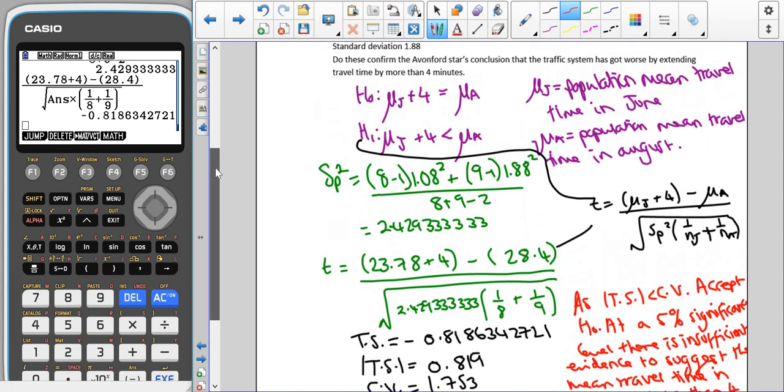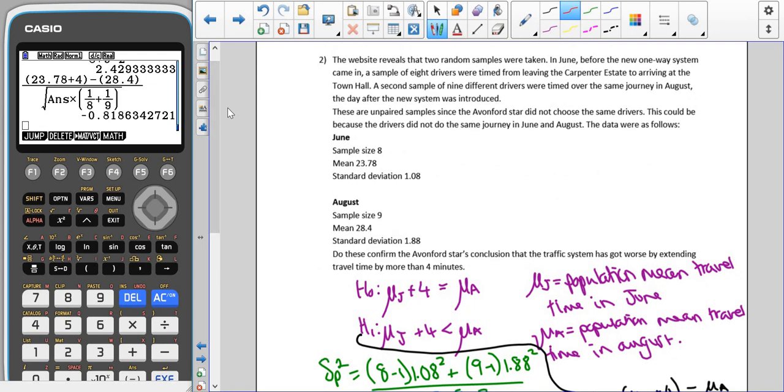And again, just double checking up here, it doesn't say that these were normally distributed.